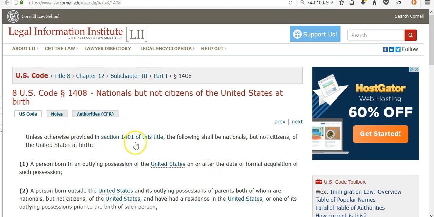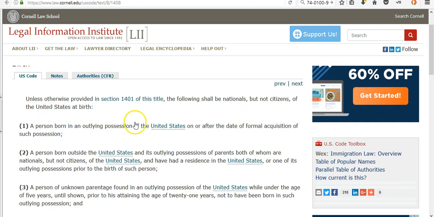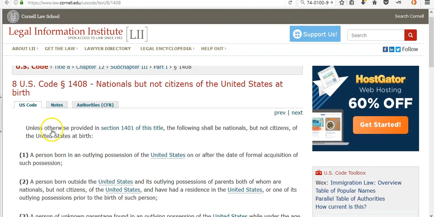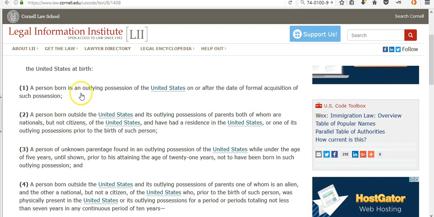Unless otherwise provided in section 1401 of this title, the following shall be nationals but not citizens of the United States at birth. A person born in an outlying possession of the United States, on or after the date of the formal acquisition of such possession.